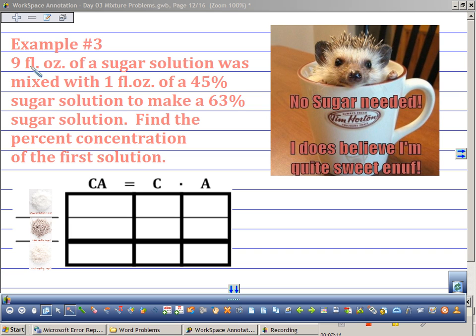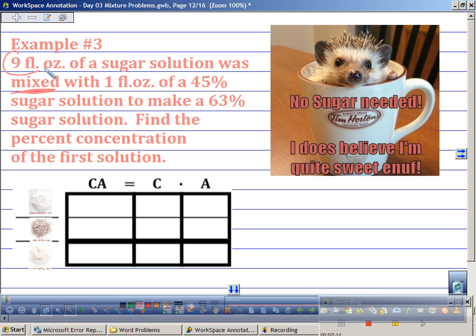So, 9 ounces of sugar was mixed with 1 ounce. We're mixing 9 with 1. So what goes here? 9. And what goes here? 1. 9 ounces of sugar was mixed with 1 ounce of sugar that was 45%. Where would 45% go? Next to the 1. To make 63%, on the bottom.